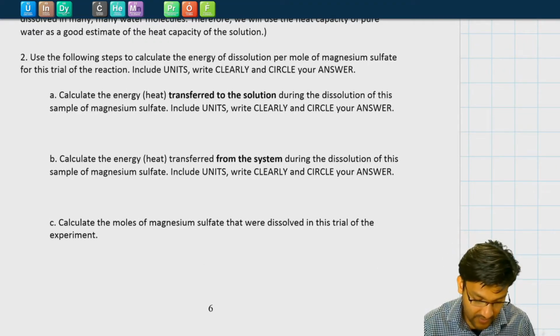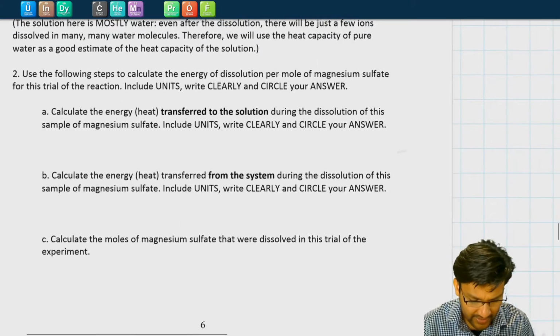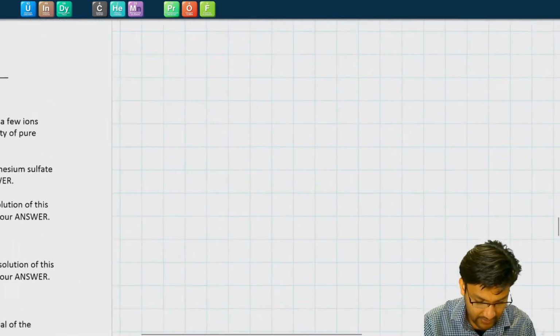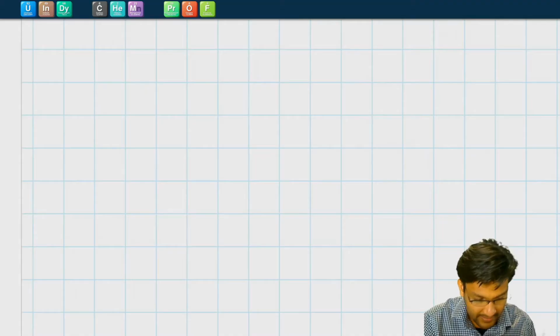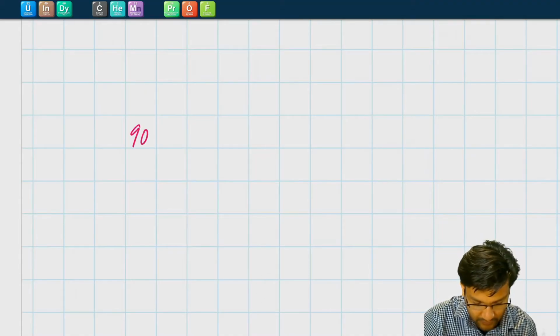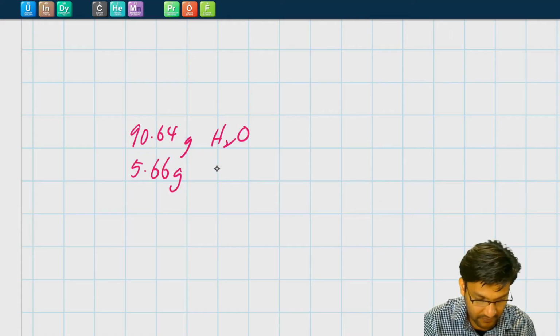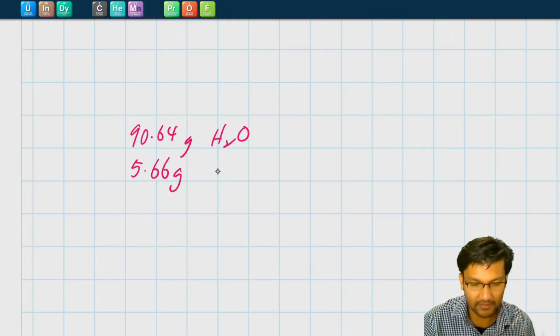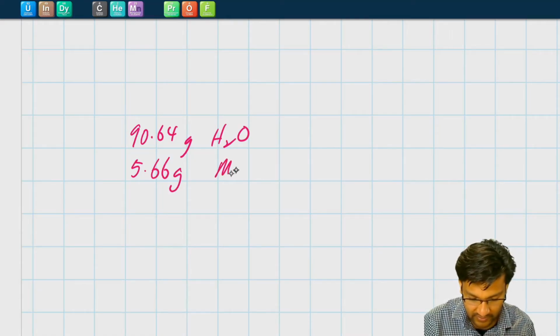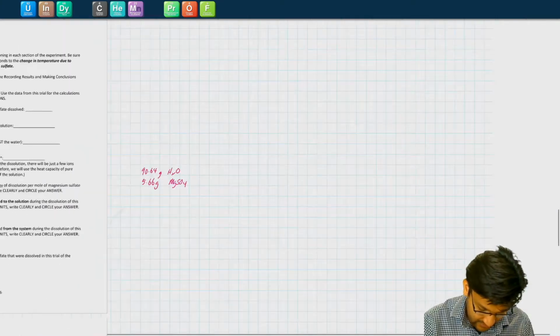But let's assume that in one of your trials, you measured, let's say, 90.64 grams of water. You measured, let's say, 66 grams of solute, magnesium sulfate.